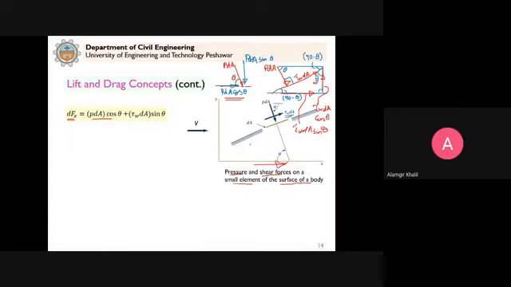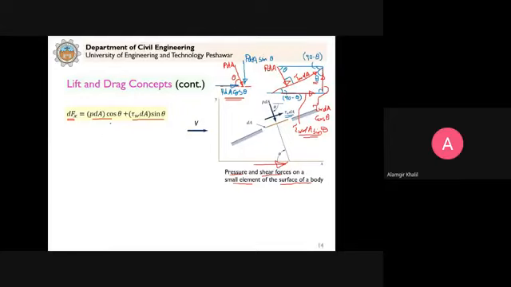Clear? And for this force, the x direction component is tau W dA sine theta, this component here. You can see here, this is in x direction, clear? And this is in x direction. So this will give us the differential force, clear?